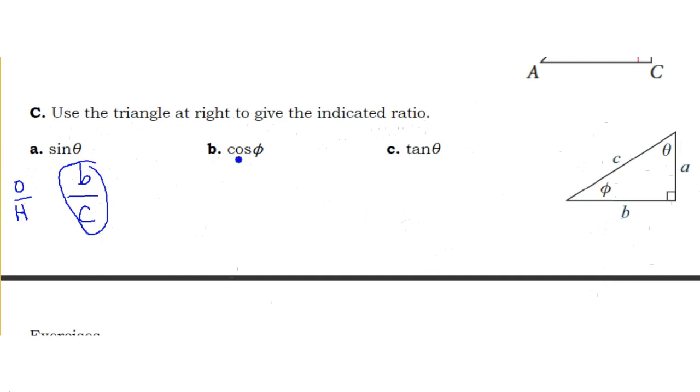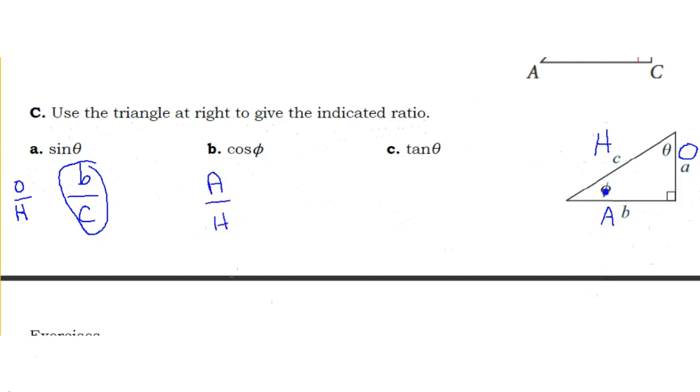Okay, letter B says find the cosine of phi. So from phi, I want to label the opposite and the adjacent. Here's my opposite side. Here's my adjacent side. Notice those are switched from the last question, but the hypotenuse is actually always going to be the same. So now from phi, I want the cosine. Cosine is adjacent divided by hypotenuse.